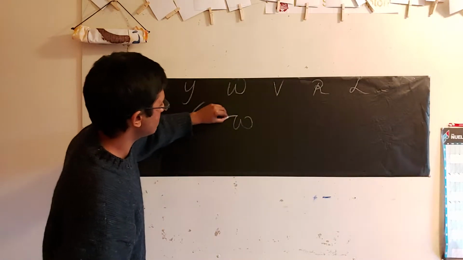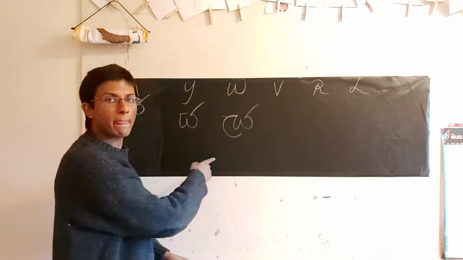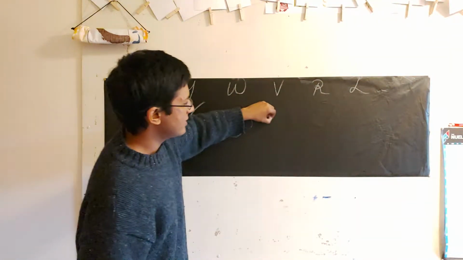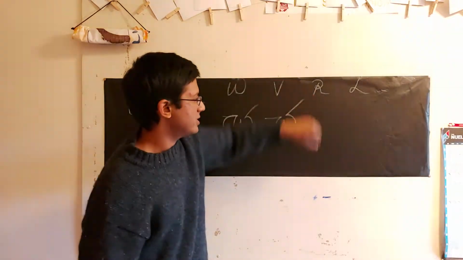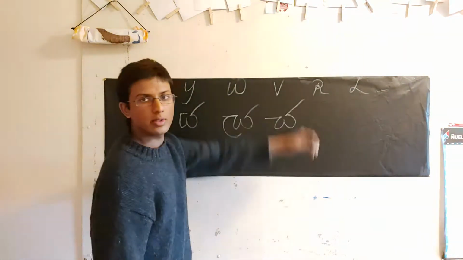Sorry, no. What is written below? Wa. V is written outwards. My apologies. Ya inwards, W below, and V out.